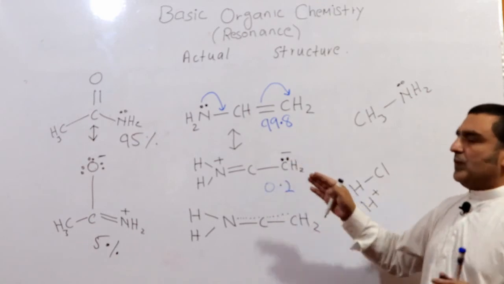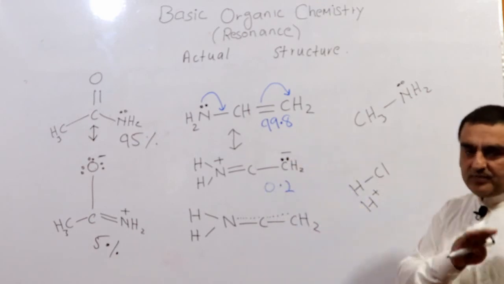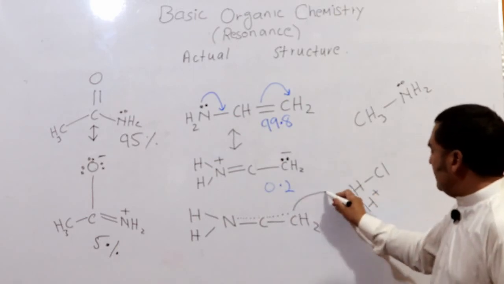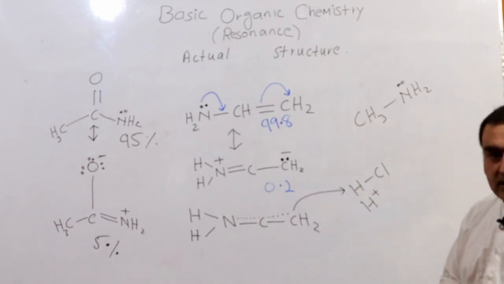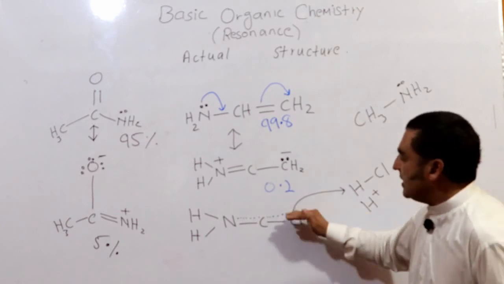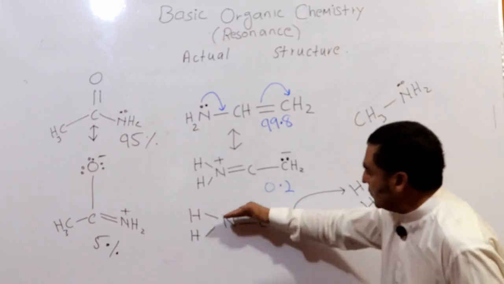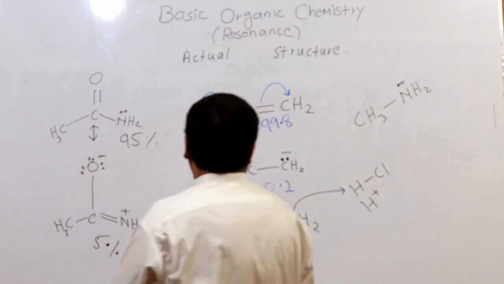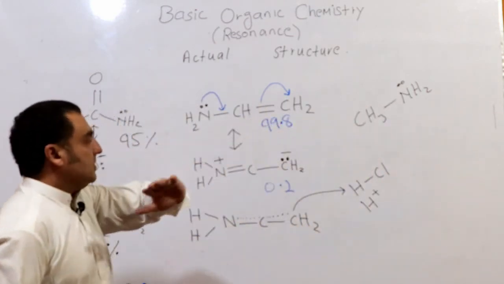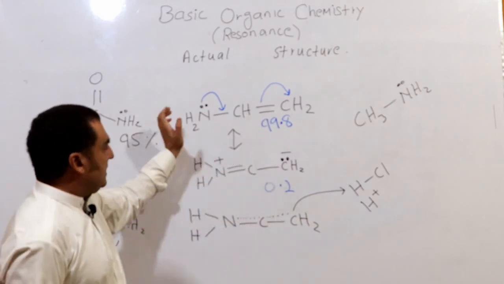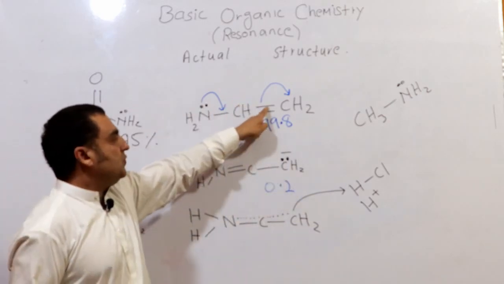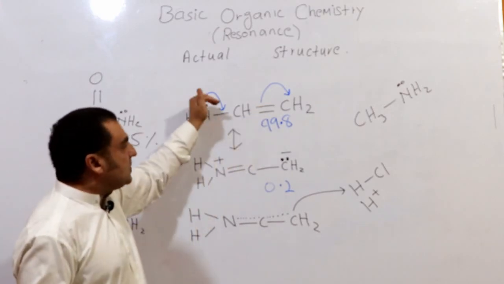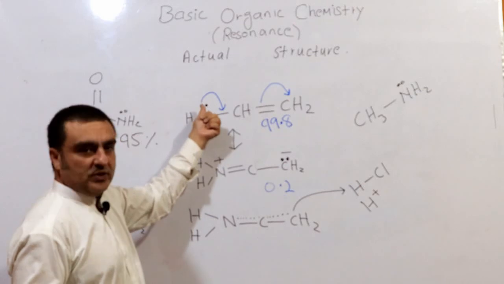If you want to understand it in a basic way, this carbon will attack it, but in reality the HCl will be attacked by this thing. Actually, this electron cloud which is distributed between those will attack the HCl. So how much electron cloud does this molecule have here? 2 electrons here, and 0.2% from here is going to make the bond.